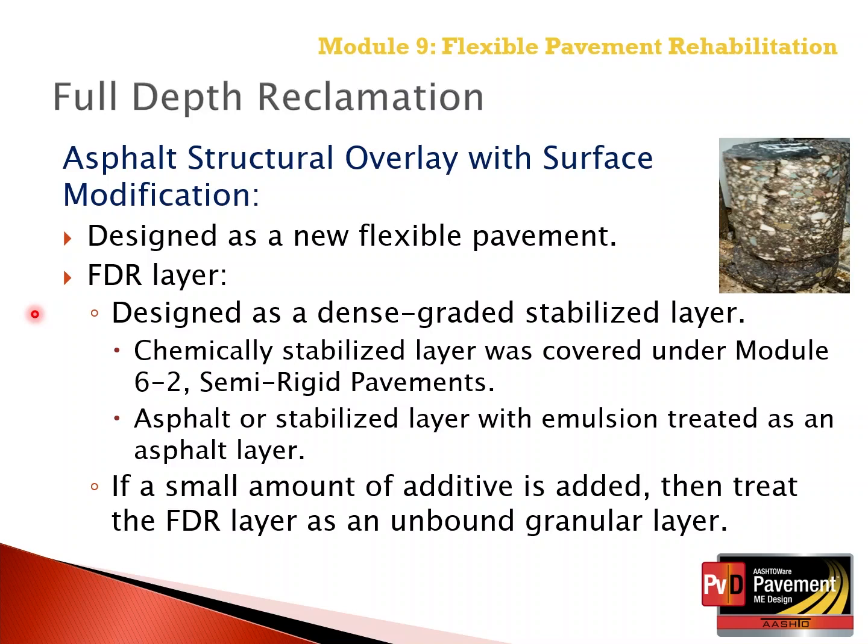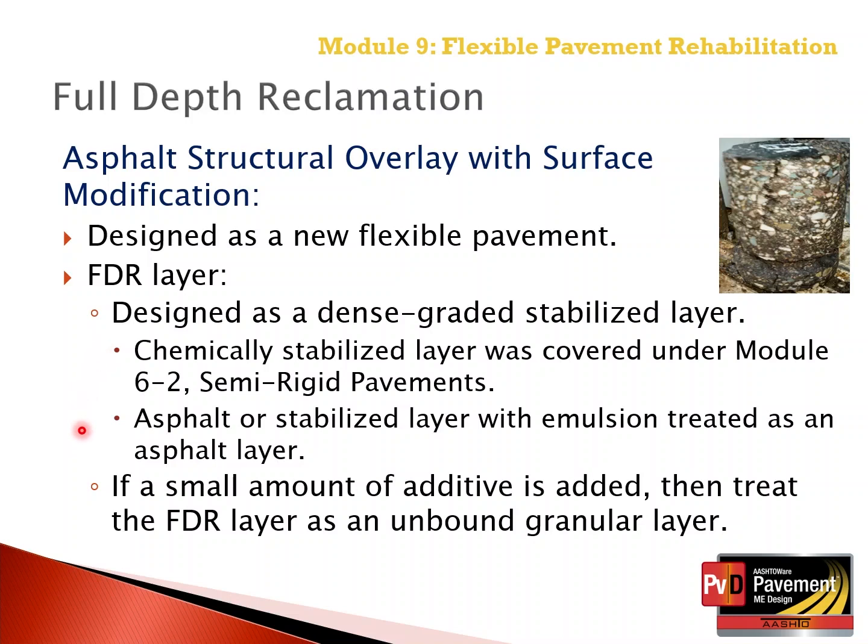If the stabilizer is Portland cement, so we have a chemically stabilized layer, that was covered under Module 6-2 on semi-rigid pavements. So again, it is designed as a bound, dense graded stabilized layer. If we're using some kind of cementitious type material, then Module 6-2 would apply because this would be a semi-rigid pavement.